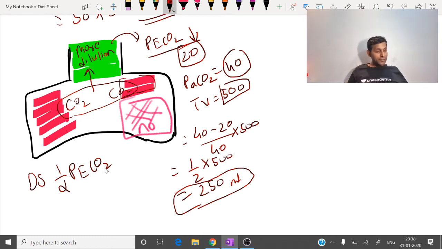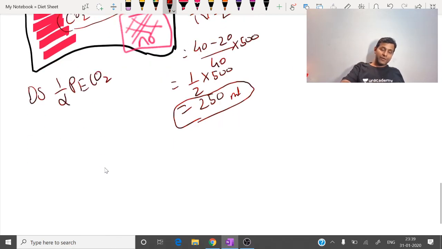So dead space has the disadvantage that there is no exchange of gases. Those anesthetic agents will not participate in exchange, and hence to make the anesthesia effective, you need to increase the dose of anesthetic agent. So that's the use of dead space in the field of anesthesia.